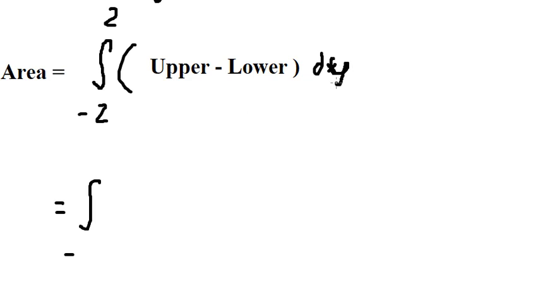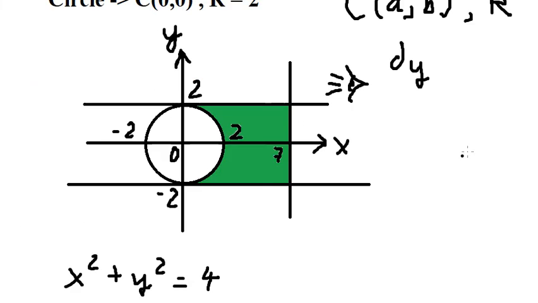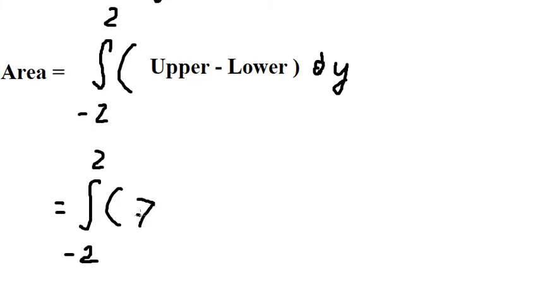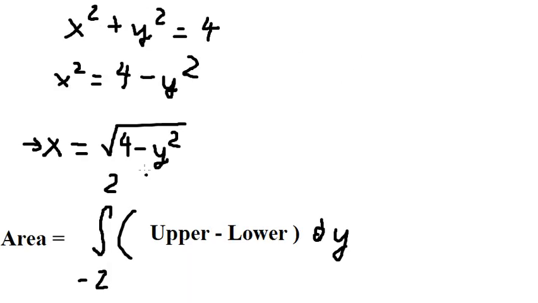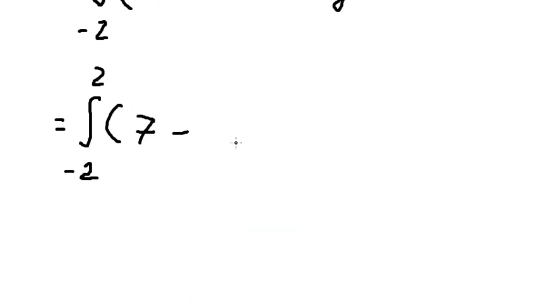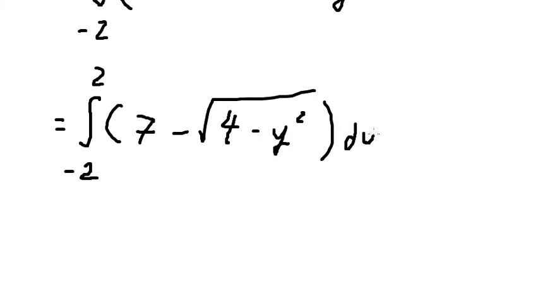This is the y, not the x, sorry. So we have negative 2 to positive 2. The upper is 7. The lower is this one. Now we need to calculate this one.